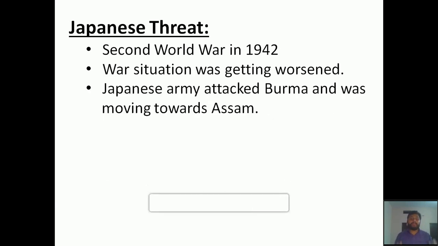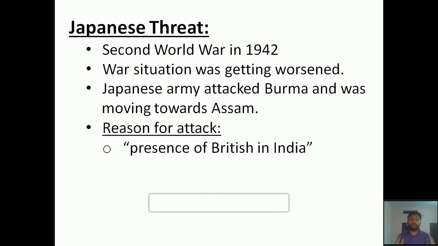And finally, the Japanese army attacked Burma and started to move towards Assam. Mahatma Gandhi observed that the reason behind the attack of Japan towards India was just the presence of the British in India.